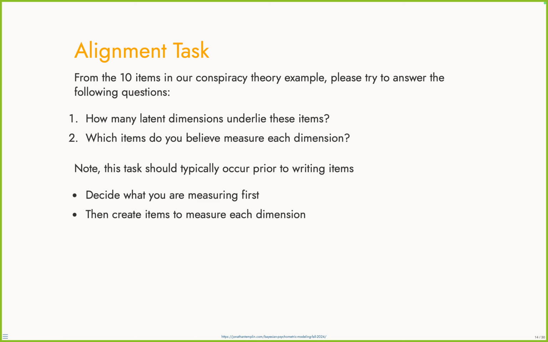Right? And you may have heard before that good items are items that measure only one thing. Yes, generally speaking, that is true. However, for certain contexts of psychometrics, you may want an item to be more complex in structure. So for instance, if you're building a mathematics test and you're testing calculus skills, right?